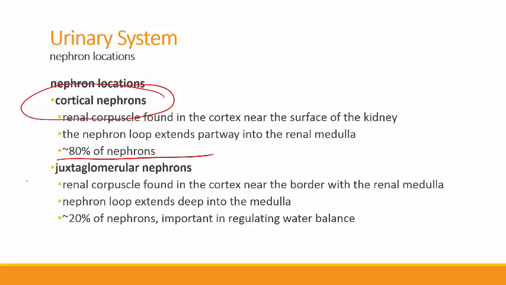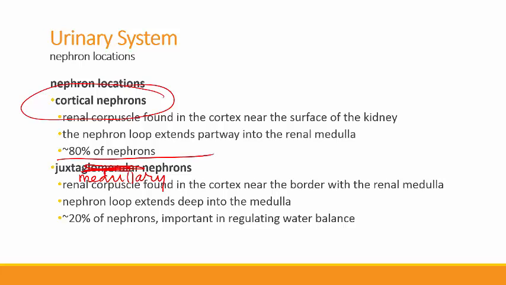If the glomerulus is right next to the boundary between the cortex and the medulla, then it is a juxtamedullary nephron.